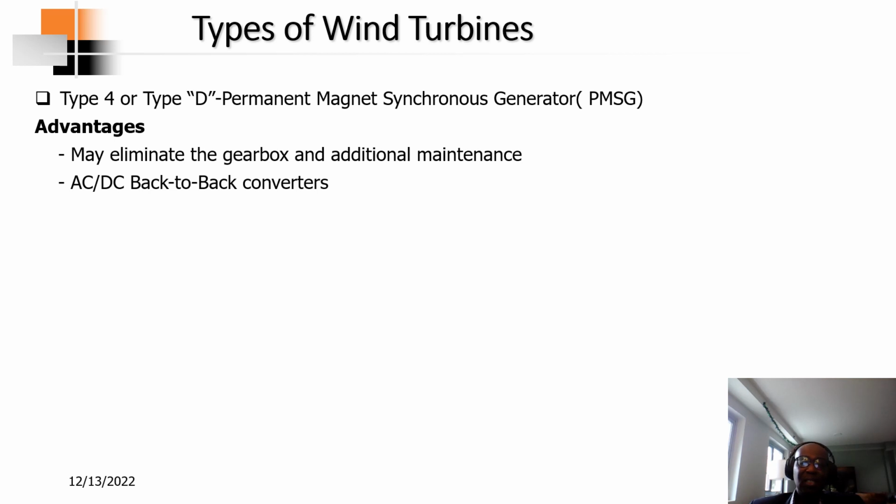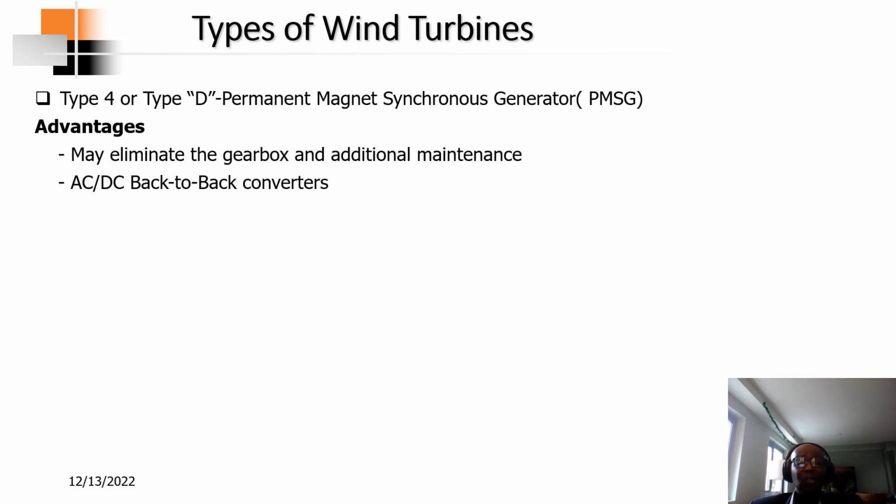So the advantage is that, like I said, with a permanent synchronous generator you can eliminate the gearbox and the additional maintenance. But this utilizes AC/DC converters that are fully rated and connected back to back. Compared to that, the Type 3 utilizes fractional rated converters, about 30%, which translates into lower cost and lower conduction and switching losses.